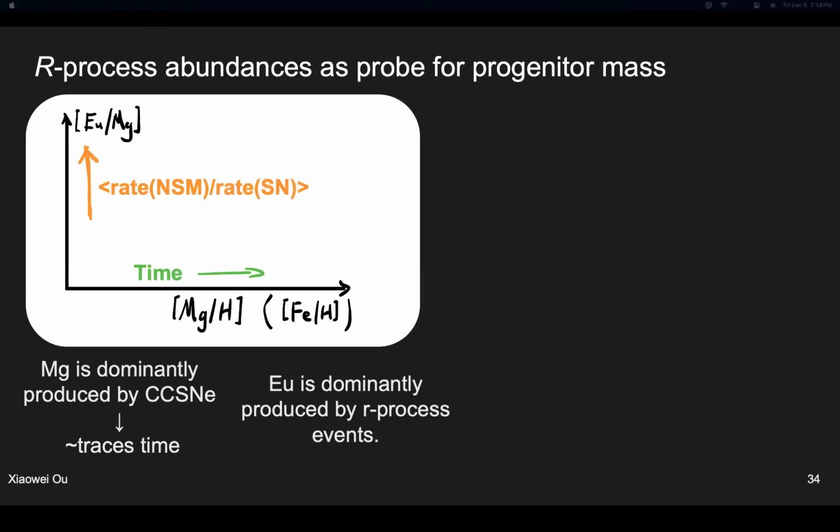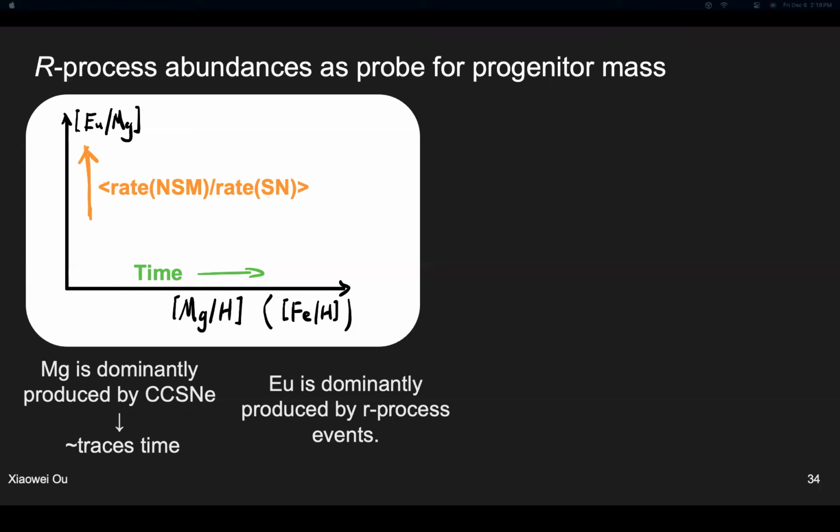So to illustrate that, I'm gonna use this panel quite a bit in the following five to ten minutes. I'm gonna take some time to make sure that everybody understands it. So on the x-axis, we just have magnesium over H or iron over H. This serves as a time axis because they're all produced in core collapse supernovae, and because these things happen almost instantaneously after star formation, we can use this as a proxy for time.